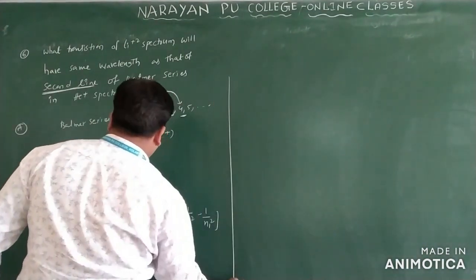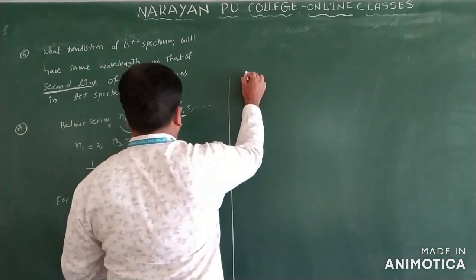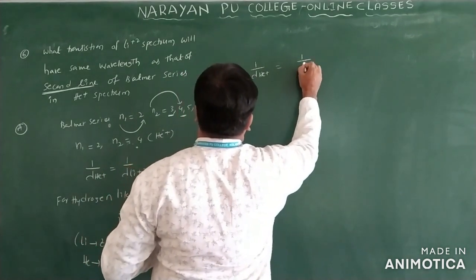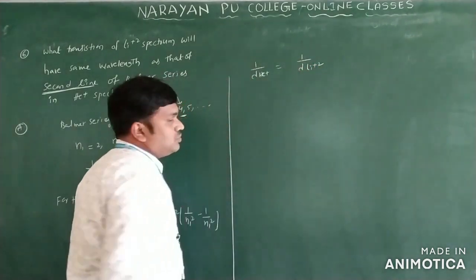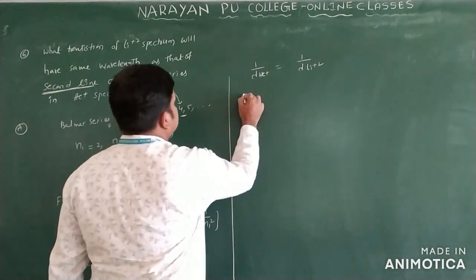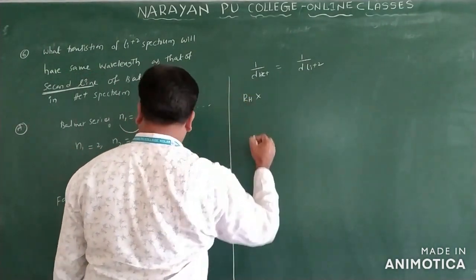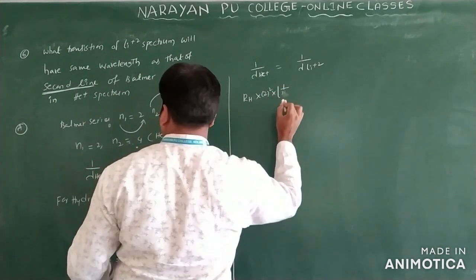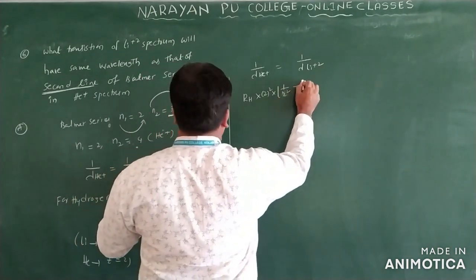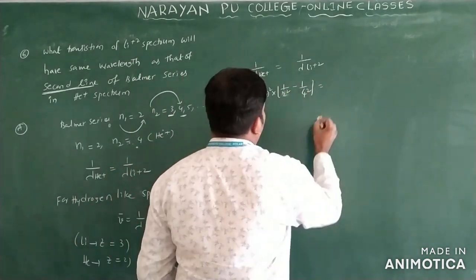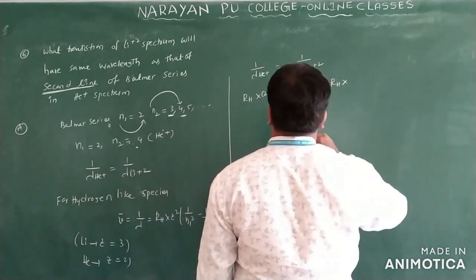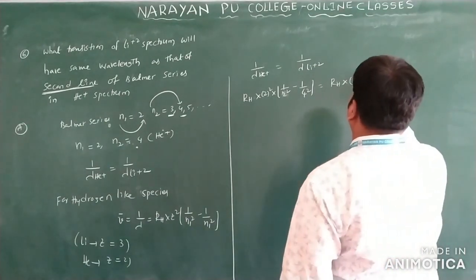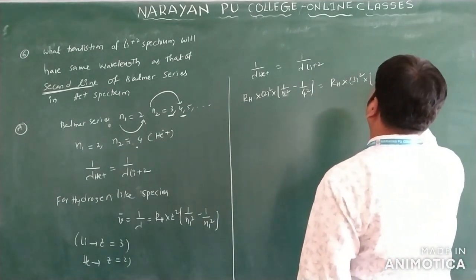Suppose you can take this one, what is the value we have getting here? I am writing here 1 by lambda of He plus is equal to 1 by lambda of Li plus 2. I will take RH into Z square, for He 2 square, into 1 by 2 square minus 1 by 4 square, is equal to RH into Z value for lithium 3, into 1 by N1 square minus 1 by N2 square only.